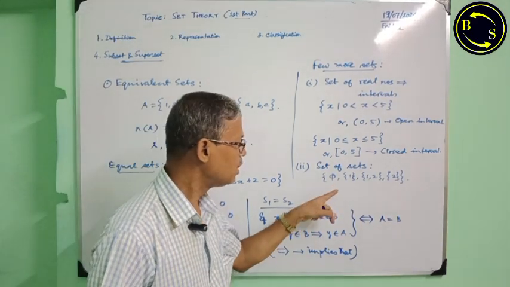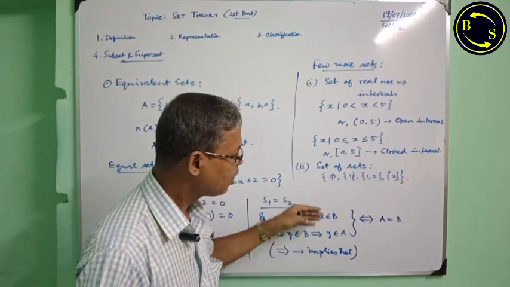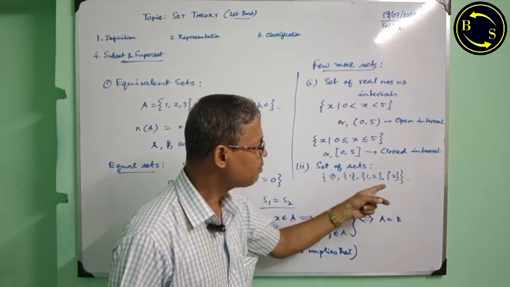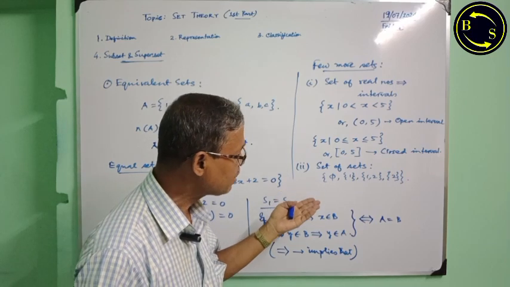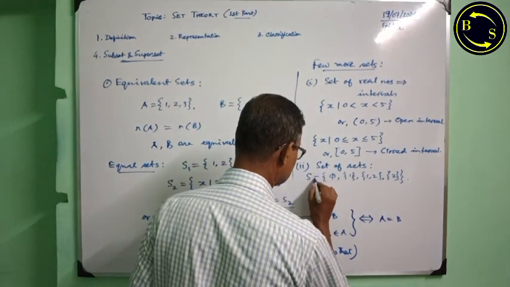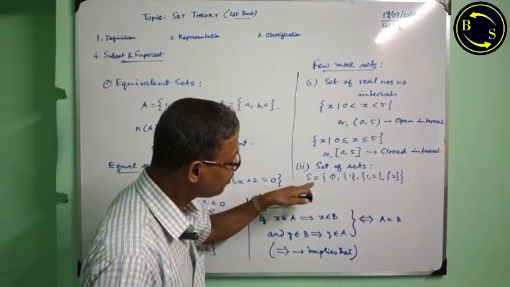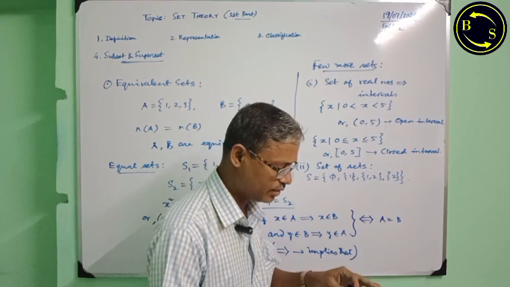The set of null set, set of 1, set of 2, set of 1. What we find is that all the members of this set are sets themselves. Therefore, this set S is a set of sets.